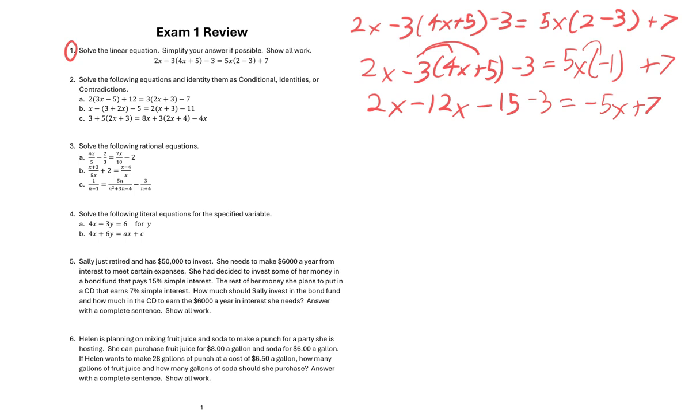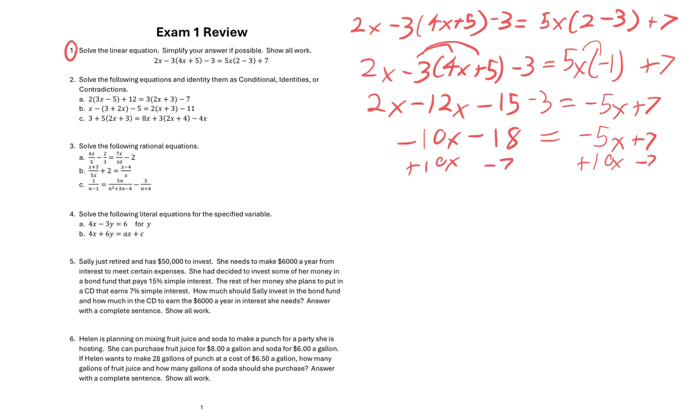So we're going to have 2x minus 12x is going to leave us with negative 10x. Then negative 15 minus 3 is going to be minus 18, equals negative 5x plus 7. Now getting all the same terms on each side, I'm going to add the 10x on both sides, and I'm going to subtract the 7 on both sides as well.